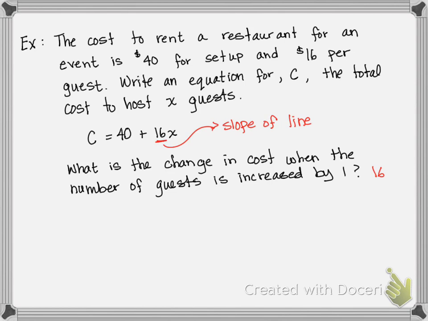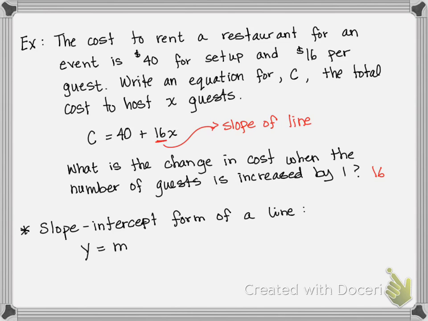And so we call this form of a line slope-intercept form of a line. It's y equals m times x plus b.